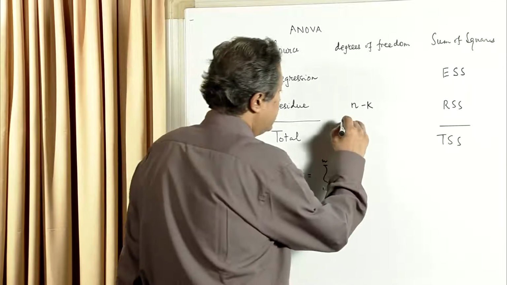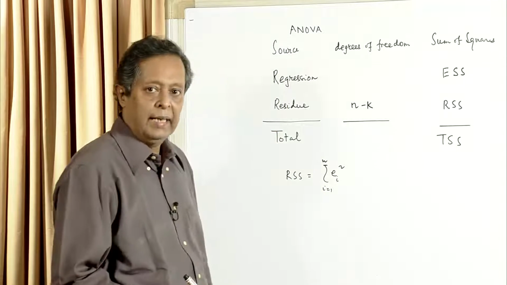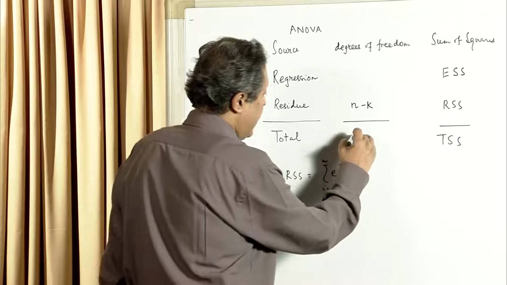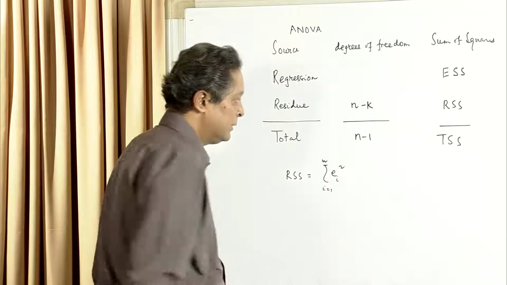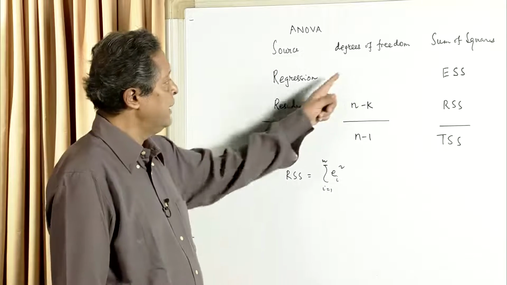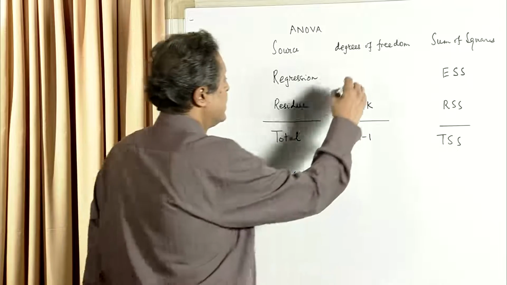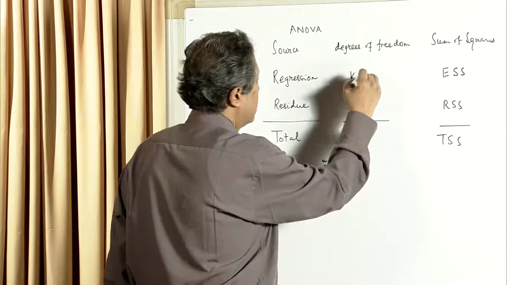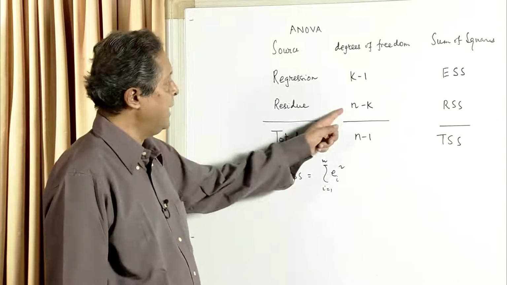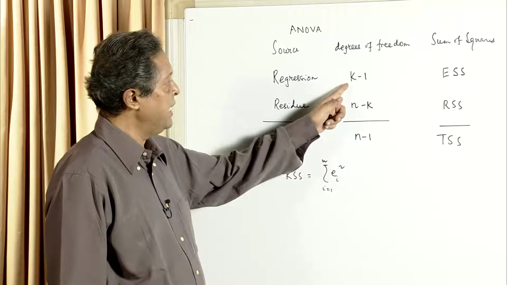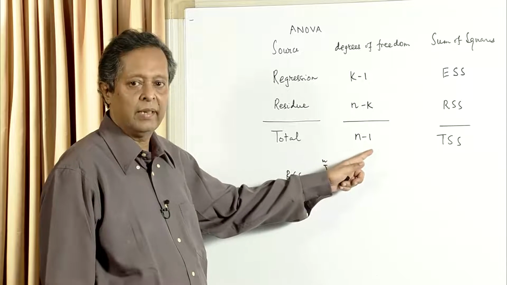The total degrees of freedom in a model with n observations is n minus 1, and therefore, the degrees of freedom associated with explained sum of squares is k minus 1. You can see that n minus k plus k minus 1 is n minus 1.